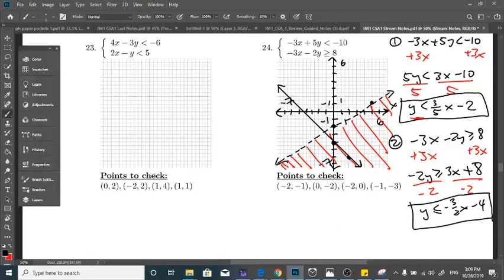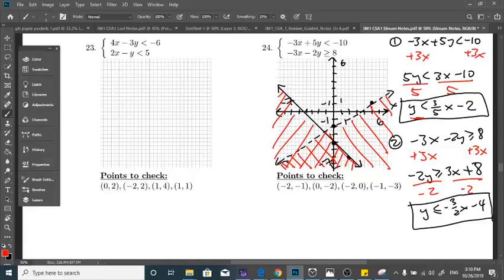It's going to be less than as well. So all the points that are within the solution set are going to be in this little crosshatch area. So it's this part, but not on the dots.